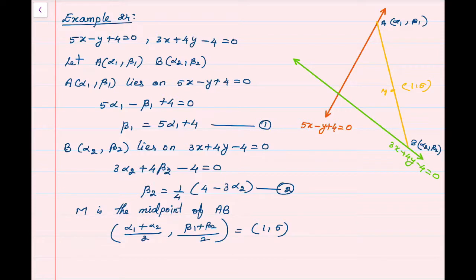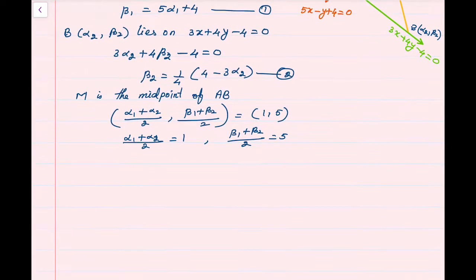By equating the x coordinates, we get (alpha 1 plus alpha 2) divided by 2 as 1 and (beta 1 plus beta 2) divided by 2 as 5. Alpha 1 plus alpha 2 is 2. This is the third equation, and similarly beta 1 plus beta 2 is 10. This is the fourth equation.